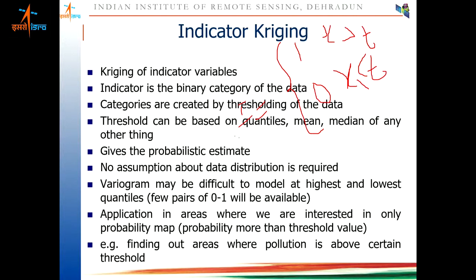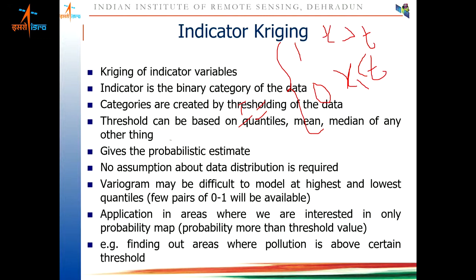Also threshold condition can be based on quantile, based on mean, median, or any other thing. You can set threshold value based on seriousness of the cases or seriousness of the pollution level or whatever is your measured variable. Once you have 1 and 0 kind of representation of your data, later on Kriging can be performed.